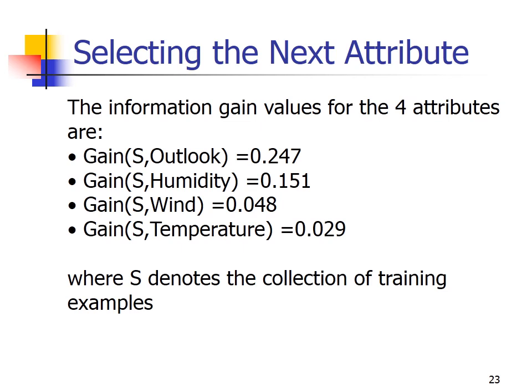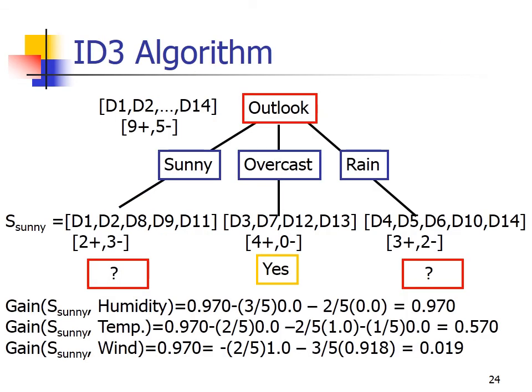So it is decided that Outlook has the highest information gain, so it takes the root node. Here S denotes the collection of training examples. Okay, this is all. I stop here. Thank you.